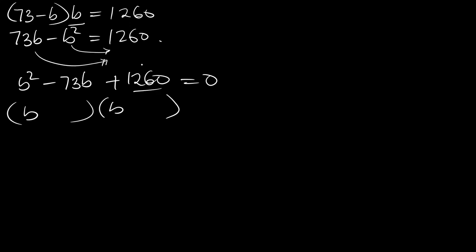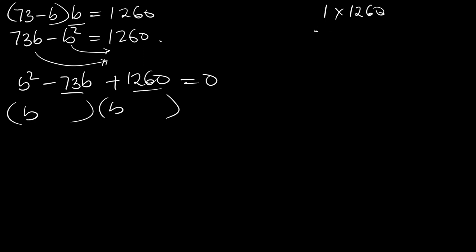Now let's look for factors of 1260 that when you sum them up will give you 73. So now let's start. The factors are 1 times 1260. If you sum this up, it cannot give you that.